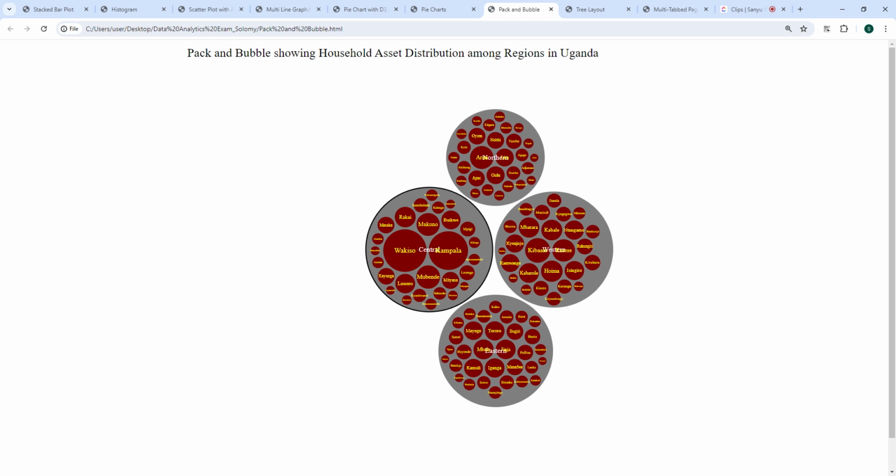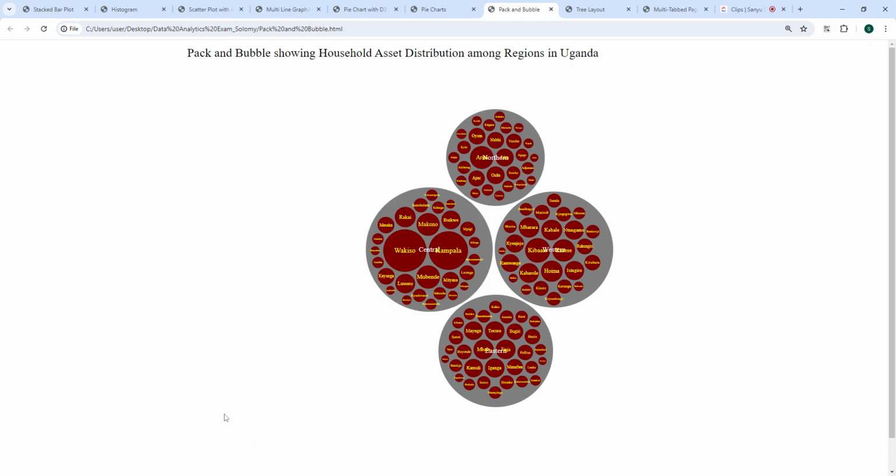So that is how we came to have the smaller lymph nodes inside there. If a region has very few household assets, the smaller the circle will be. The bigger the household assets, the bigger the circle, and the bigger the cluster layout, which was given gray color.